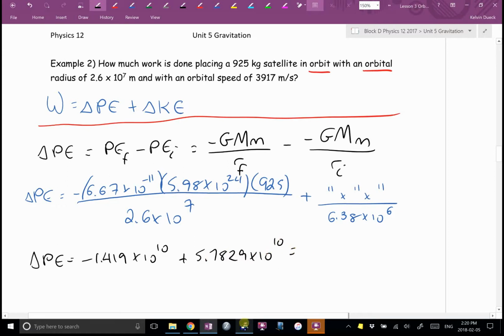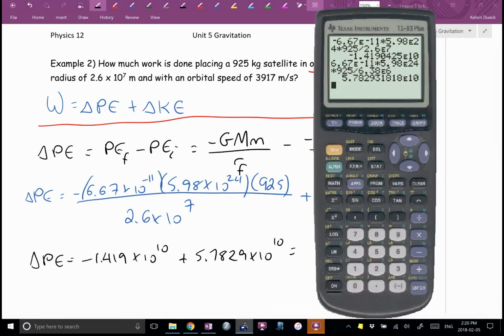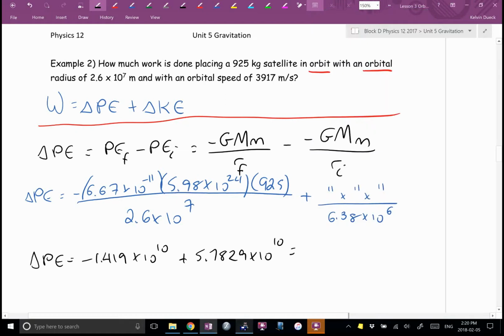So the amount of work just to get it up there, not keep it up there, is going to be that number plus negative 1.419 times 10 to the 10th. And I get about 4.3639 times 10 to the 10th. This is not my final answer.